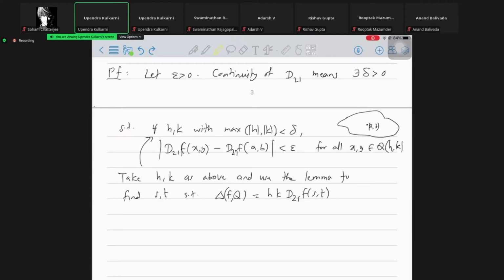Let us just substitute this quantity over here. I'm going to substitute by writing delta FQ by HK and then estimate, divided by H times K. And then the second one I will just carry along.